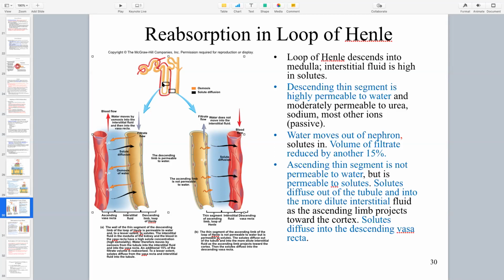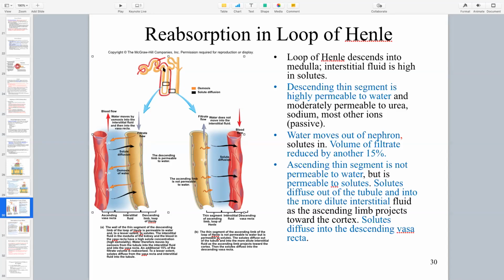Because all we're doing is losing pure water at this point. As the fluid becomes more and more concentrated, by the time it makes a U-turn right here, the filtrate will have a concentration that's maybe 600 times greater than what we saw at the very start.